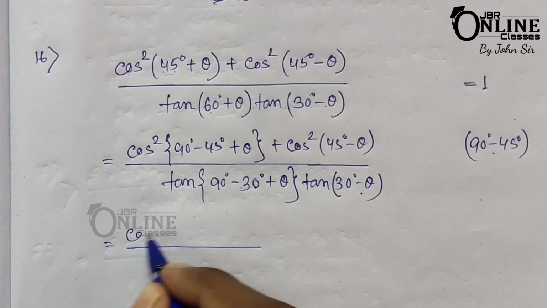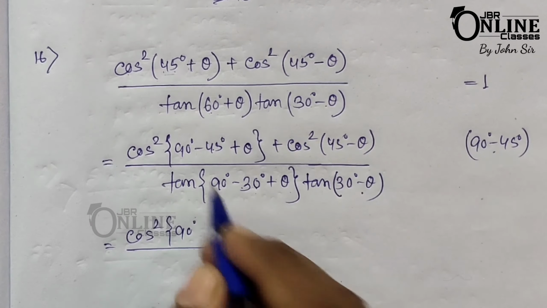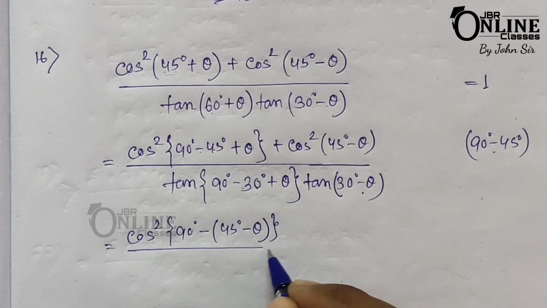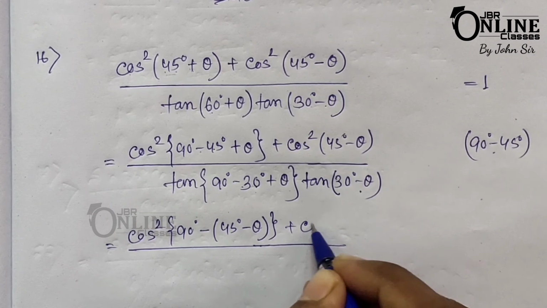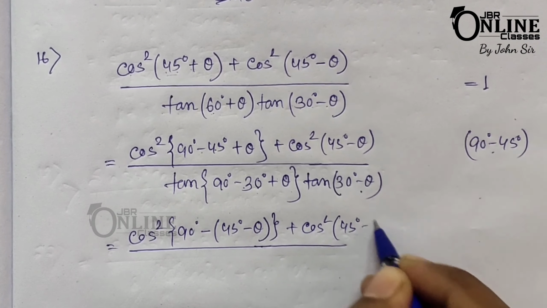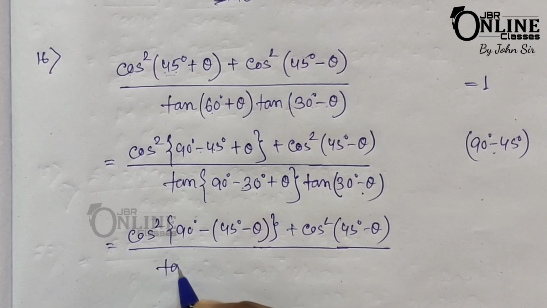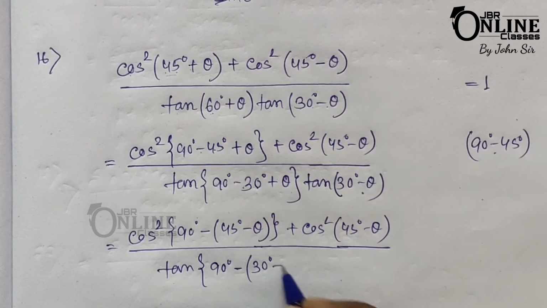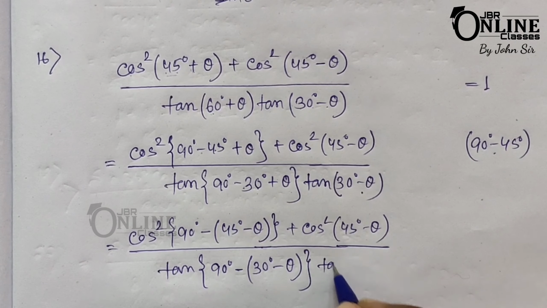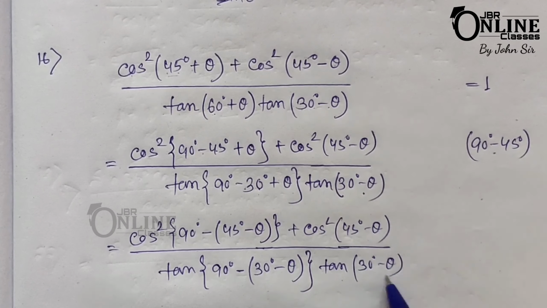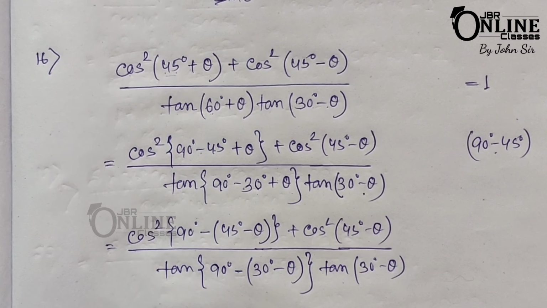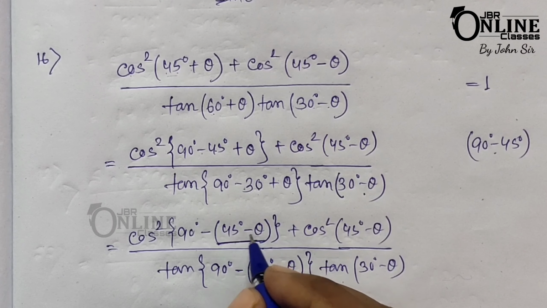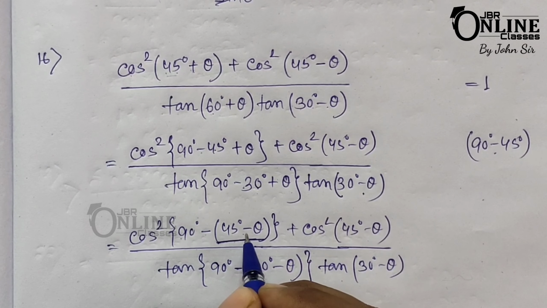Now next, here cos square, if you take 90 degree common with minus, then it becomes 45 degree minus theta, and here also cos square(45° − theta). Here tan, taking 90 common with minus, becomes 30 degree minus theta, and here tan(30° − theta). Now if you consider this 45 minus theta as theta, then 90 minus theta.